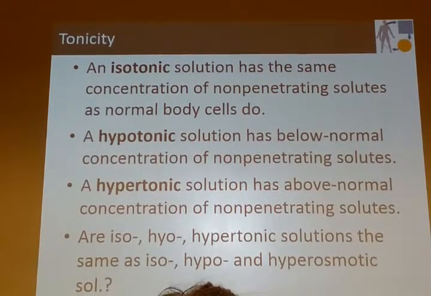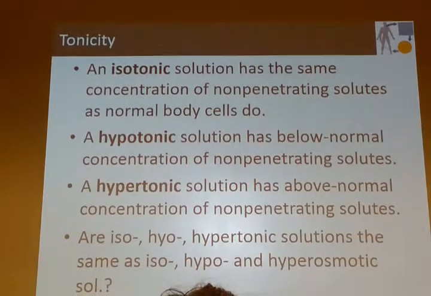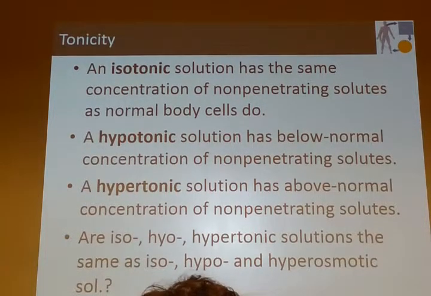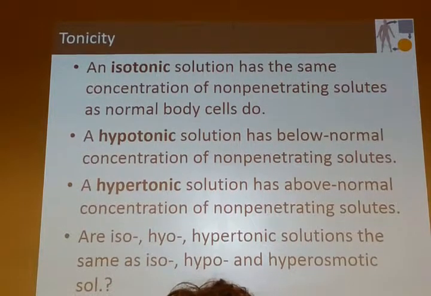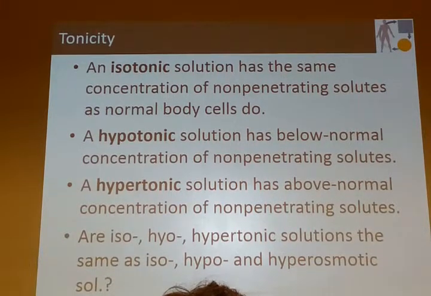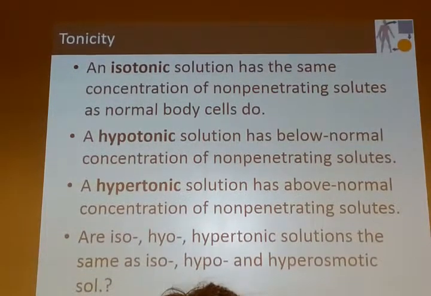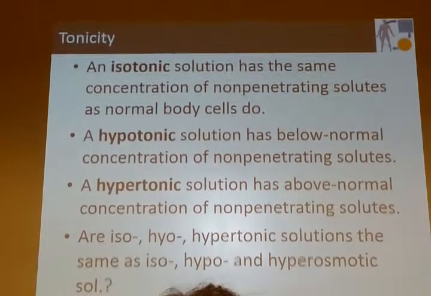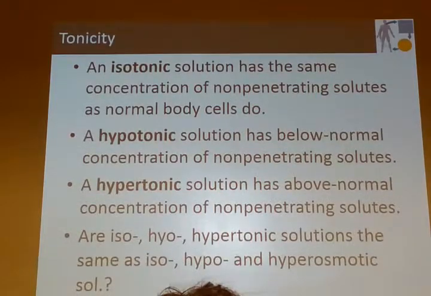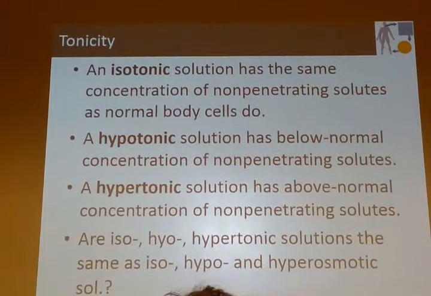Just try and get used to thinking osmolar. You can translate back to molar, but think osmolar. Most cells are going to be operating at 300 milliosmoles. So isotonic means you have a non-penetrating particle in the same amount of water that's inside, and so solute concentration must be at 300 milliosmoles.